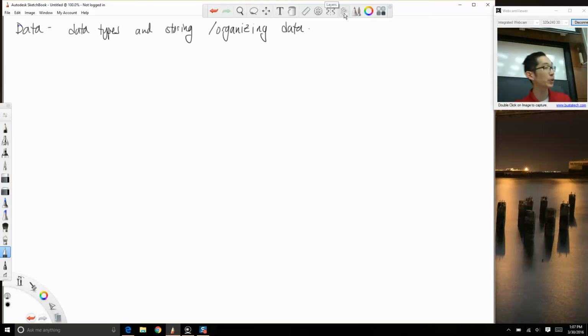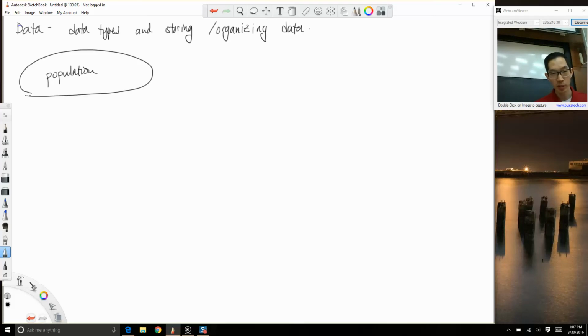Okay, and so you can think of, as far as data goes, again, the big picture in statistics is there's some population that is too big for us to observe directly, and so instead we take out a little piece called our sample, and we observe that, okay?